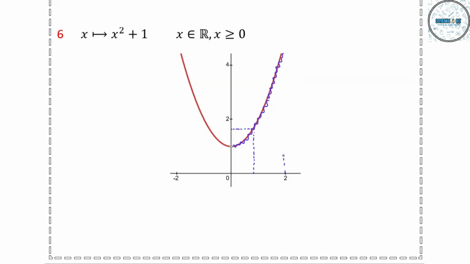At this point, there is just one output. So this is also 1 to 1, but it is only for the range x greater than or equal to 0. If we consider the whole function, then it is not 1 to 1, it is many to 1.